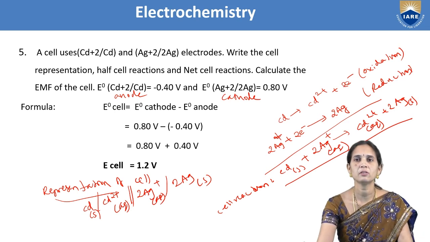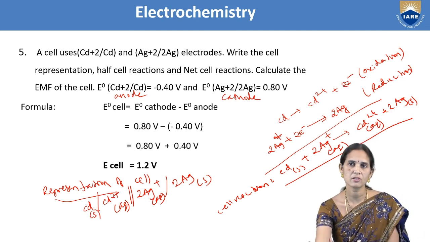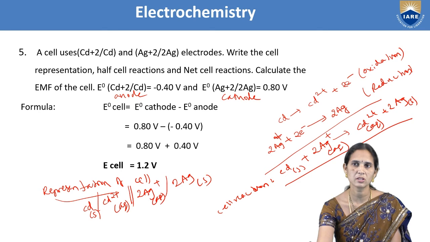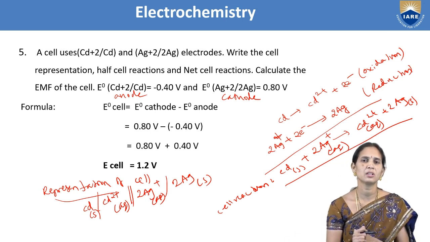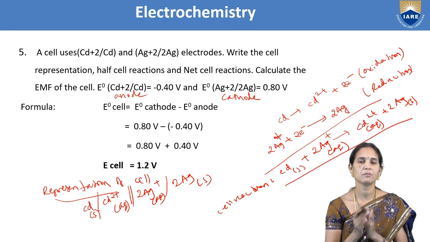Now we have to find the EMF of the cell, that is E naught cell is equal to E naught cathode minus E naught anode. E naught cathode we know, the silver electrode potential under standard conditions. What are the standard conditions we maintain when finding the electrode potential of electrodes?